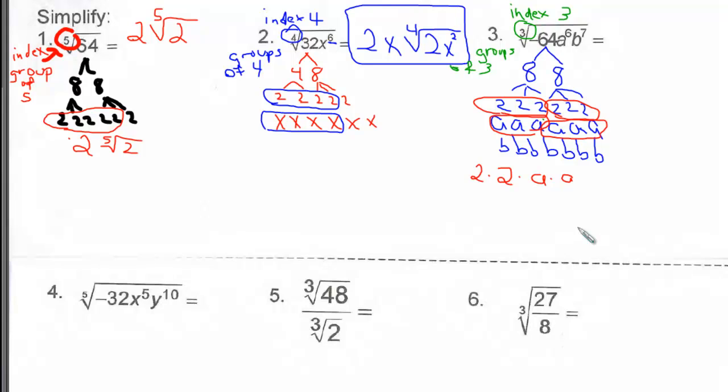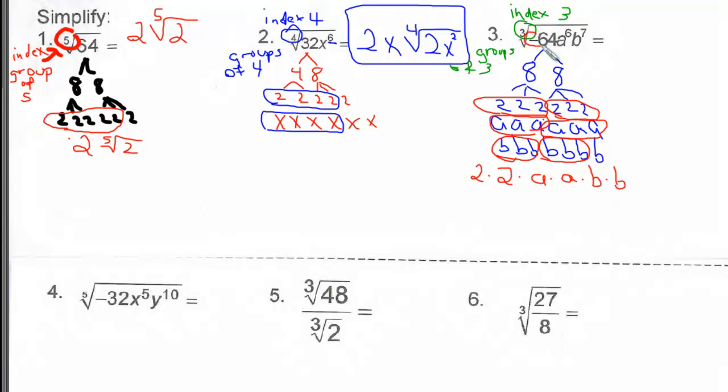Remember, we pull out one variable for each triple, and we pull out one number for each triple. And when we group the b's in triples, I have 2 groups of b's. So let's pull out 2 b's.